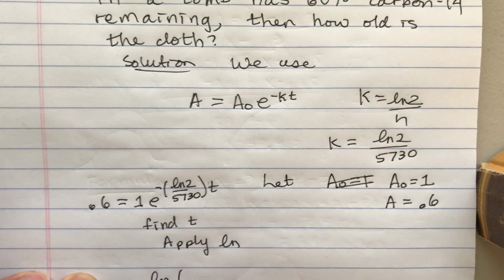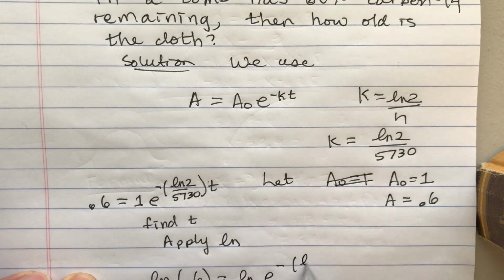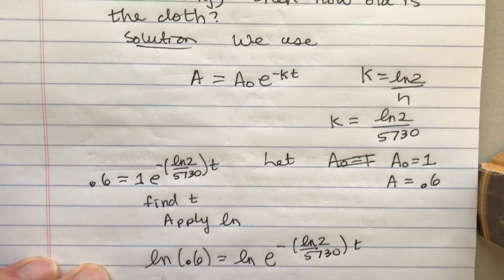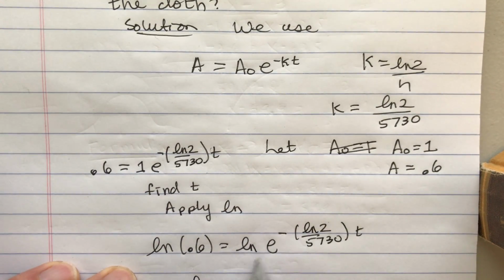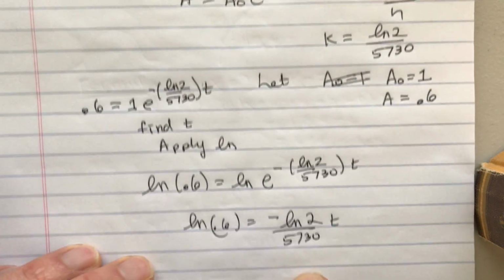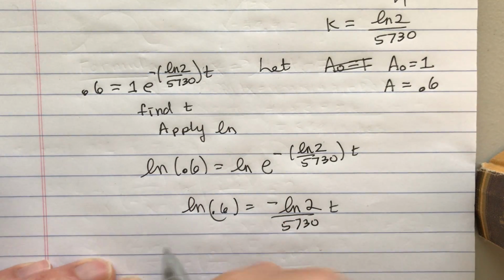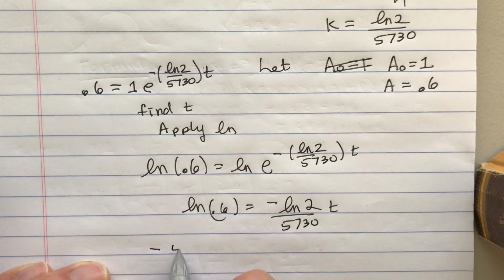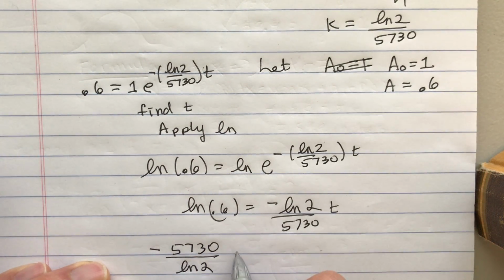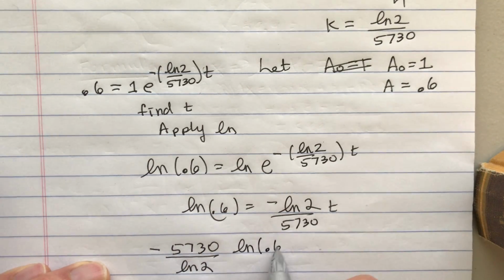So we have ln of 0.6 equals ln of e to the negative ln 2 over 5,730 times t. The ln and e cancel out. Then we multiply both sides by the reciprocal of this fraction, so I get t equals negative 5,730 divided by ln 2 times ln of 0.6.